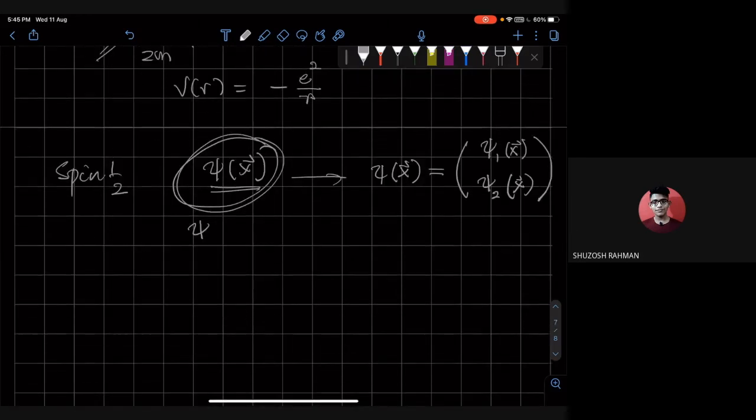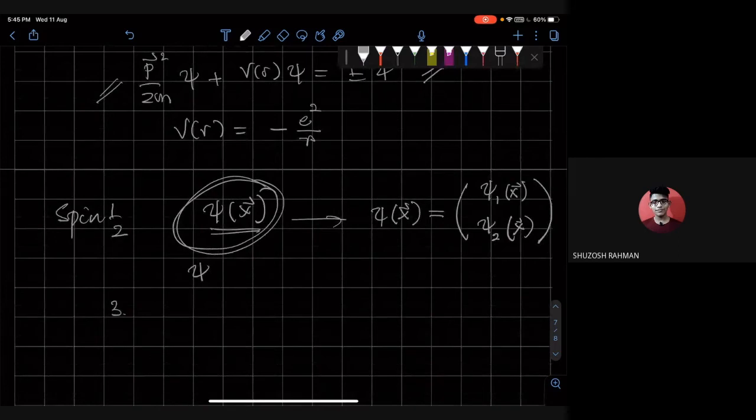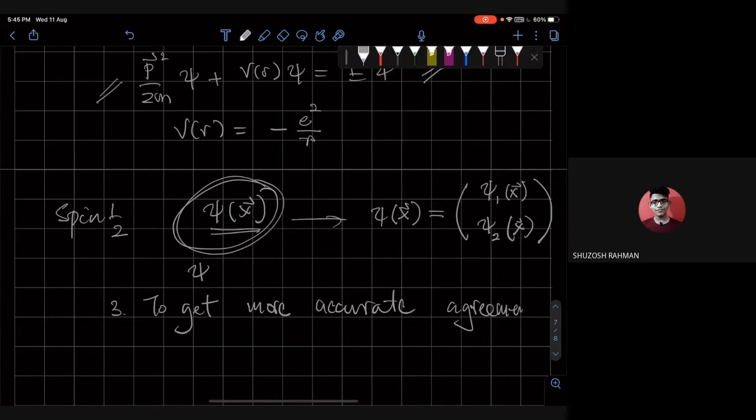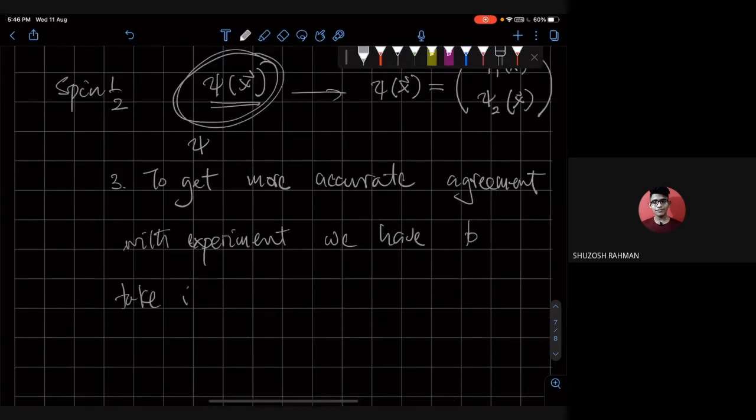So this is to say that, to get more accurate agreement with experiment, we have to take into account spin.